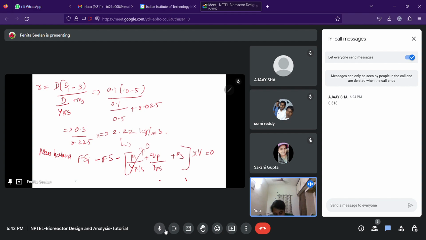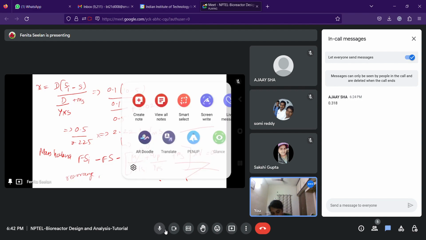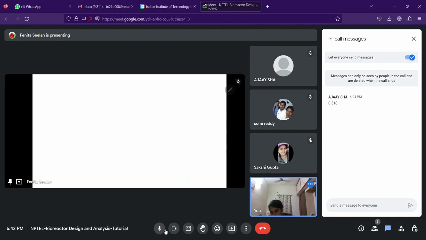We have to rearrange things. Equal to qP divided by YPS.